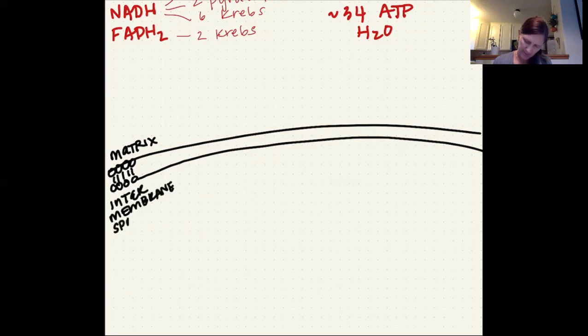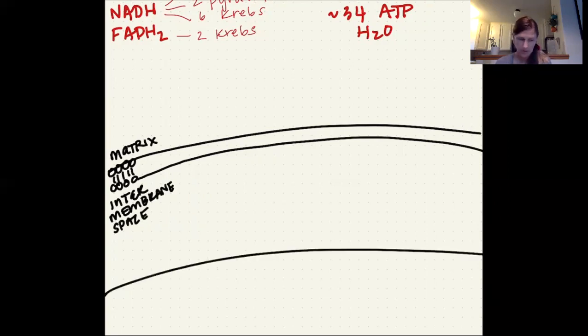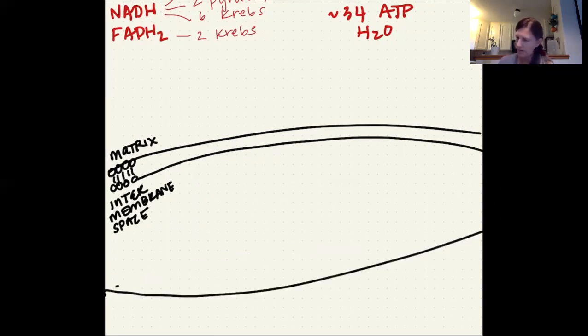And I want you to remember that there would also be another membrane here, the outer membrane of the mitochondria, right? So out here would be the cytosol, for example, and inside would be the matrix.